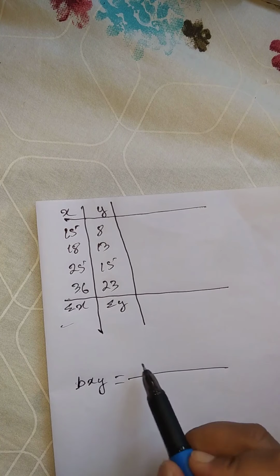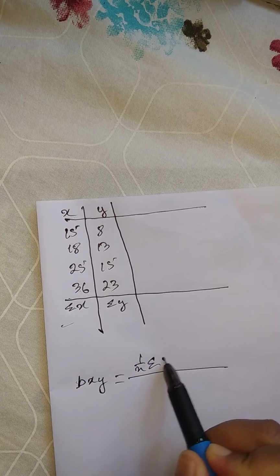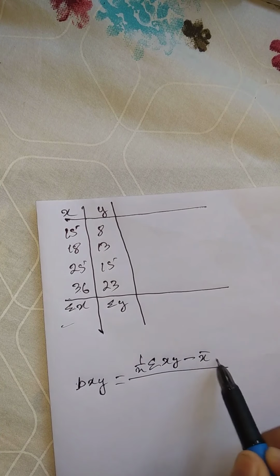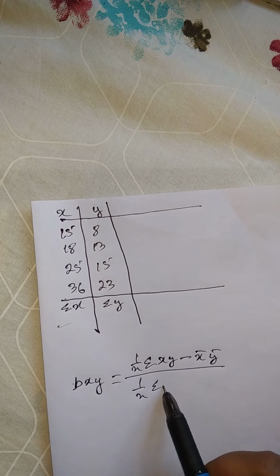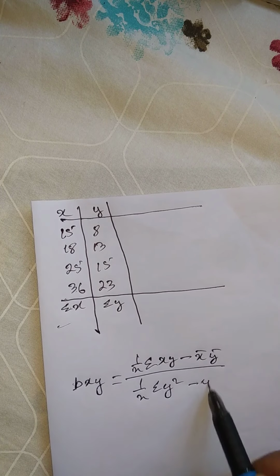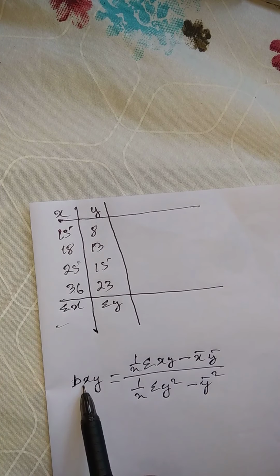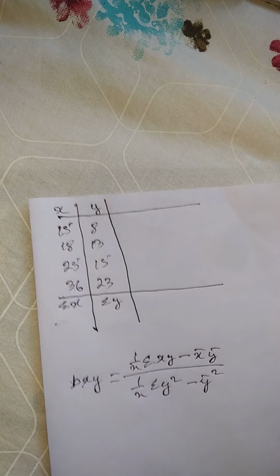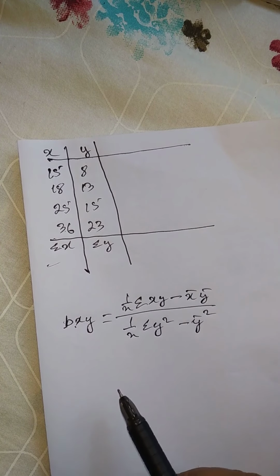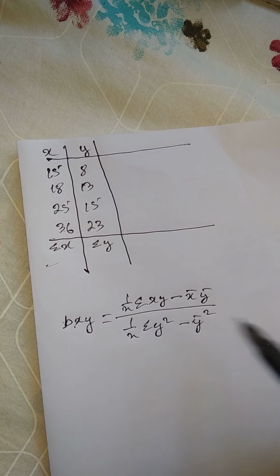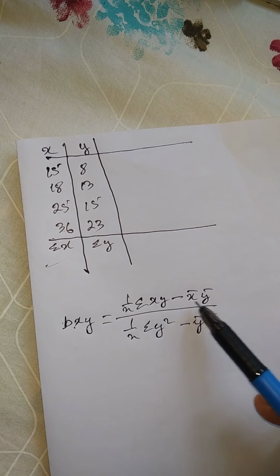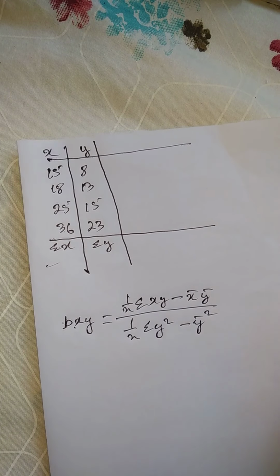It will be 1 by n summation xy minus x bar y bar, by 1 by n summation y square minus y bar square. Here the regression coefficient of x on y, x is dependent, y is independent. So the formula needs us to find xy, x bar, y bar, y square, isn't it?